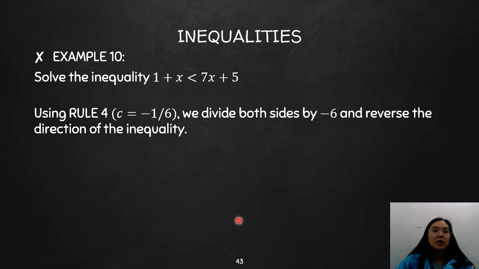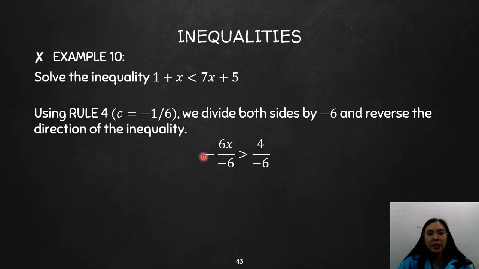Using rule number 4, wherein we set c equal to negative 1/6, we divide both sides by negative 6 and reverse the direction of the inequality. Kasi diba sabi dun kanina sa rule 4, pag we multiply or divide by negative number, dapat i-reverse natin yung direction ng inequality.